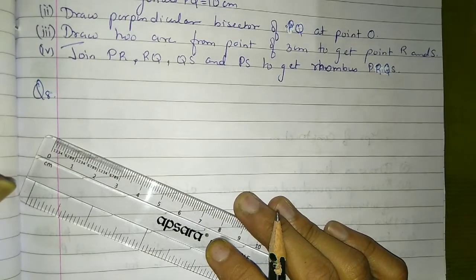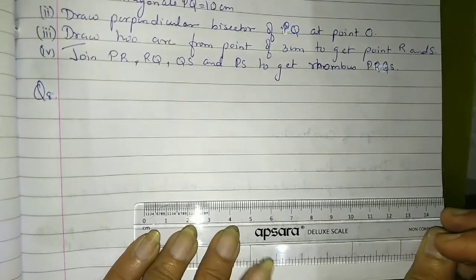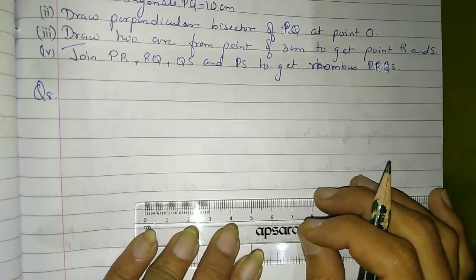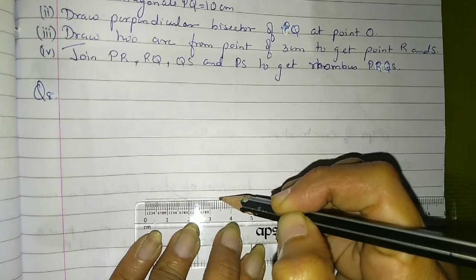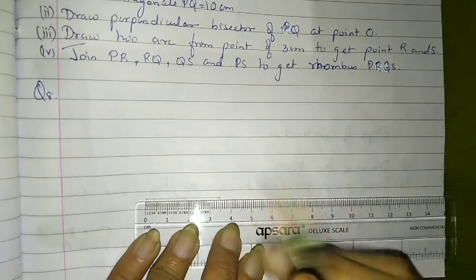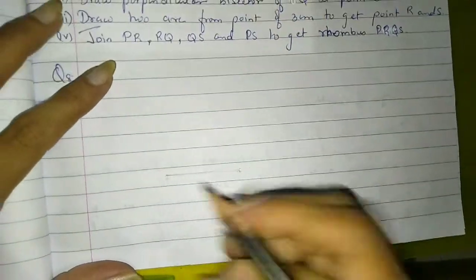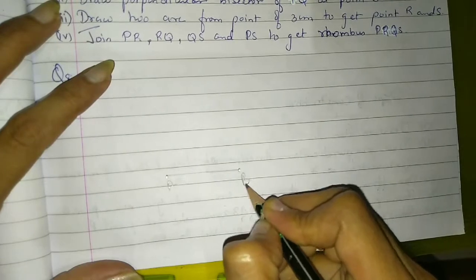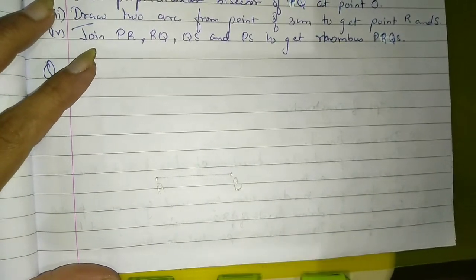Each side is 3.5 centimeter, so I am taking 3.5 centimeter over here, this way, and naming the points A and B.